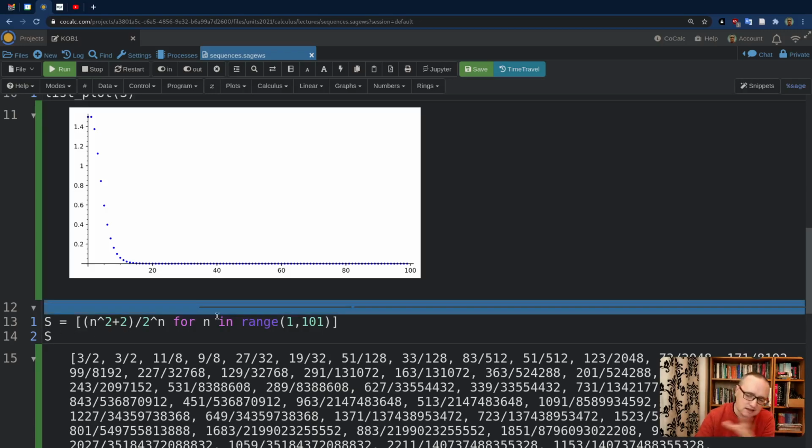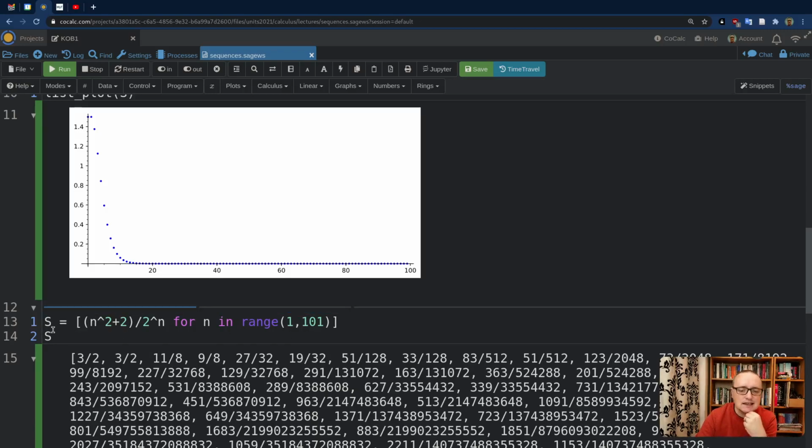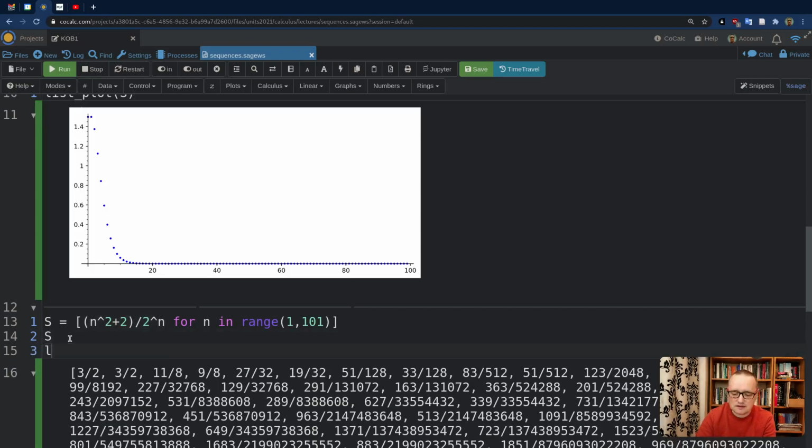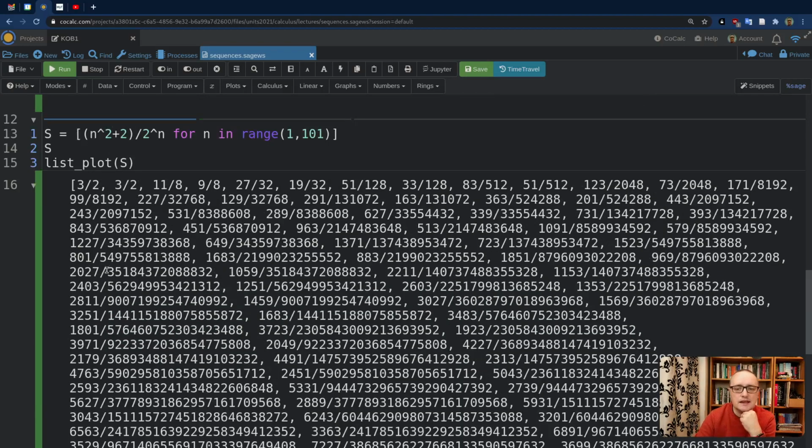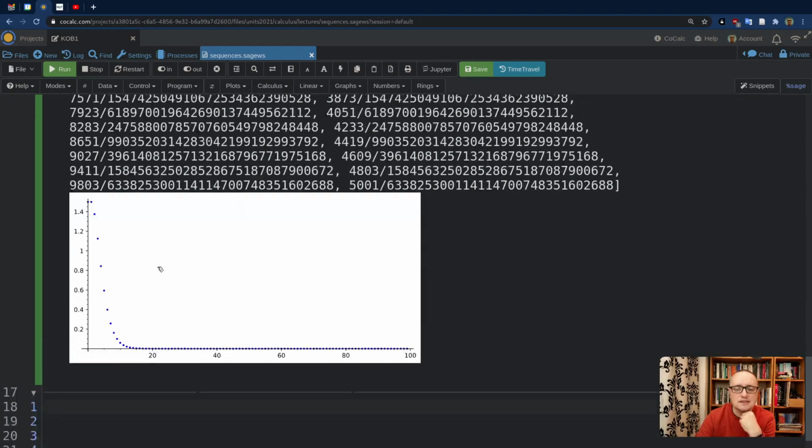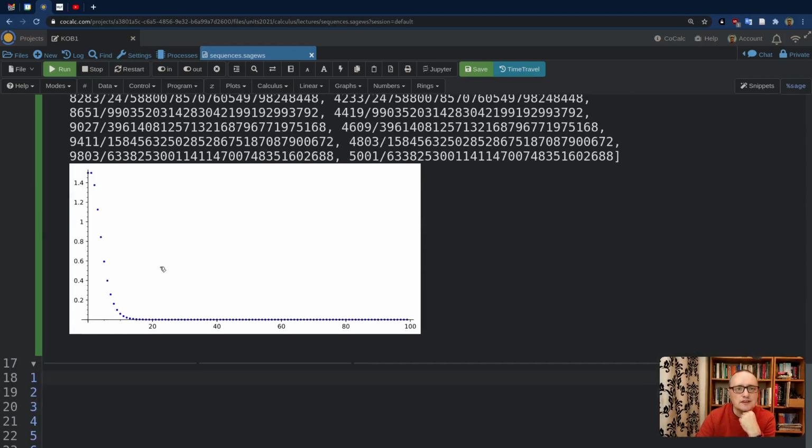S is, okay, it's not a set here, it's a list: a list of the quantities n squared plus 2 divided by 2 to the n for every n in this range of values. That defines our list S, which you can then graph with the same list_plot command to investigate the sequence.